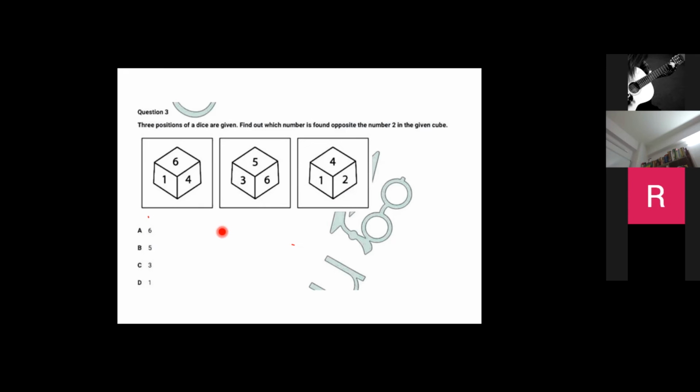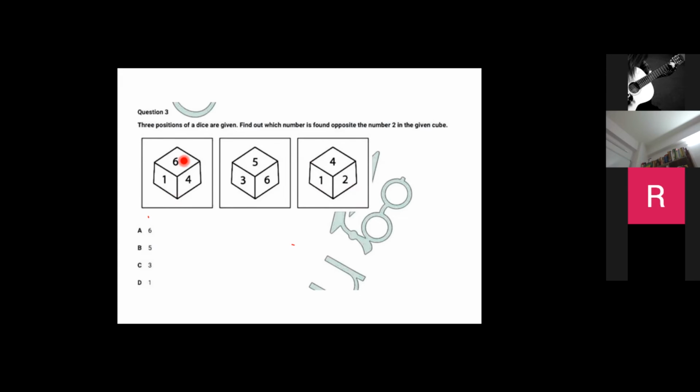So what I should do is look for the common numbers in this dice. 4 and 1 are the 2 other sides for the number 2, because they have asked me to find the opposite side of 2. So I should look into the third figure only. Here I have 5, 3, 6, which makes nothing common with dice number 3. Look at dice number 1.